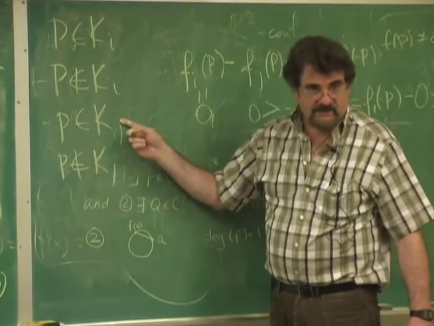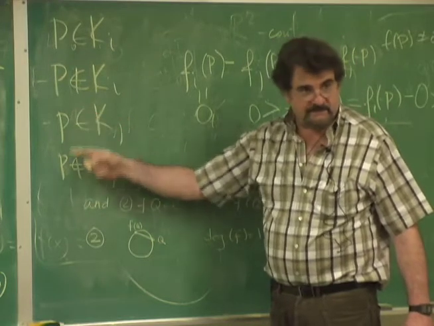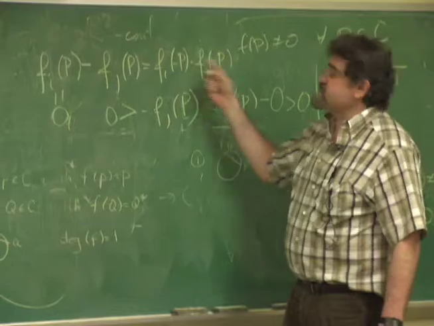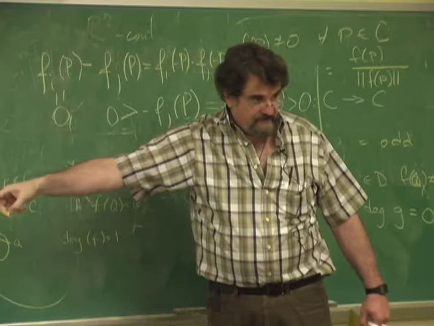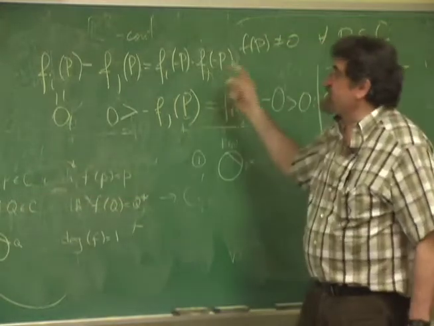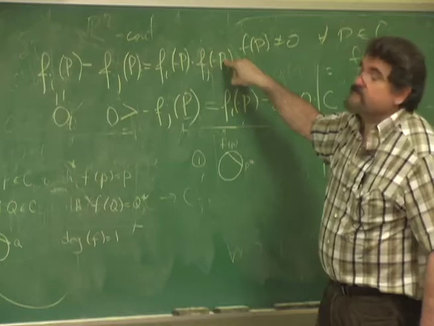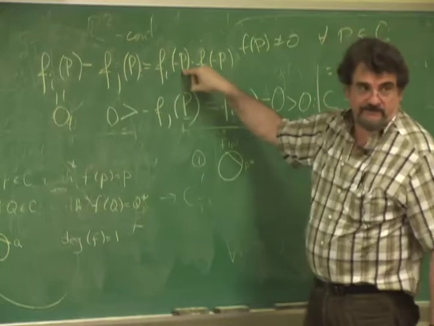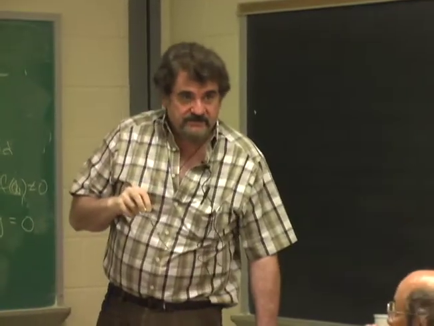Because Kj does not contain antipodal points, minus minus P, which is P, is not in Kj. This is true for any i, j. But this is 0 and this is 0, and this is strictly positive, and this is strictly positive. Minus strictly positive equal to strictly positive. Contradiction.